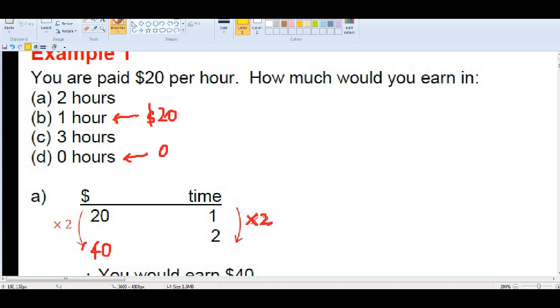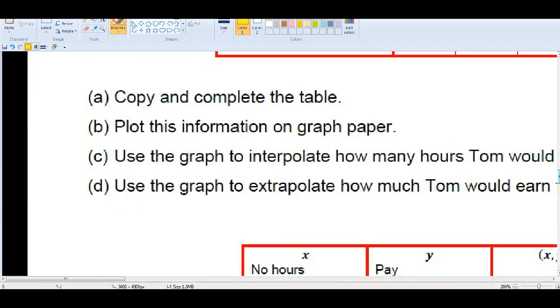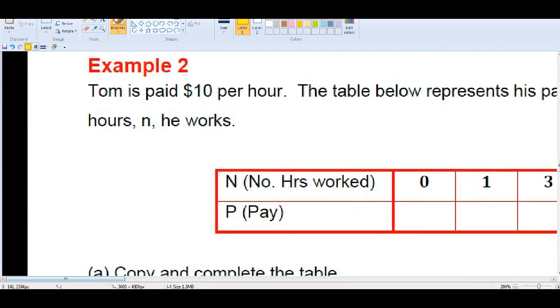If you try to exchange the cause and effect, sometimes it sounds strange. For example, if you say because you got $20, you have worked for 1 hour, it sounds a bit strange. So not all the time can cause and effect be interchanged. That's what I want you to know.